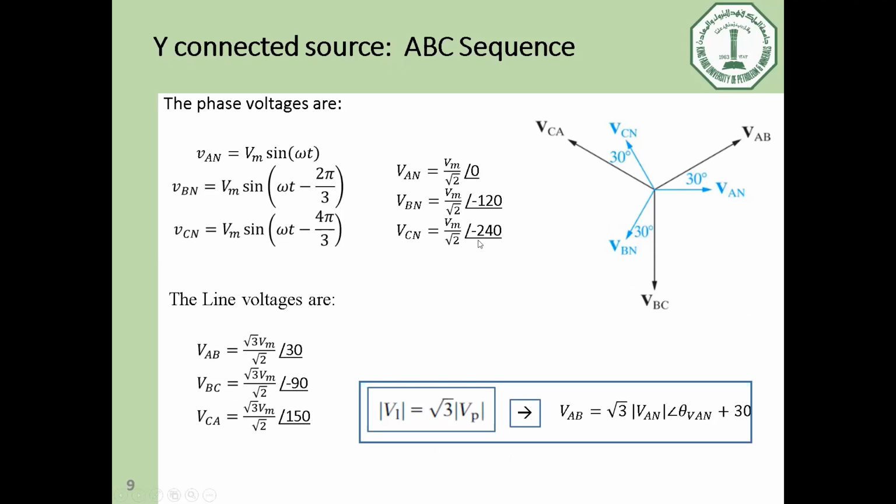So we can say minus 240 degrees or plus 120 degrees. Okay, Shabab? If we would like to represent this in a phasor diagram, as you can see, VAN is the phase voltage at angle 0, VBN is at angle minus 120, and VCN at angle plus 120.